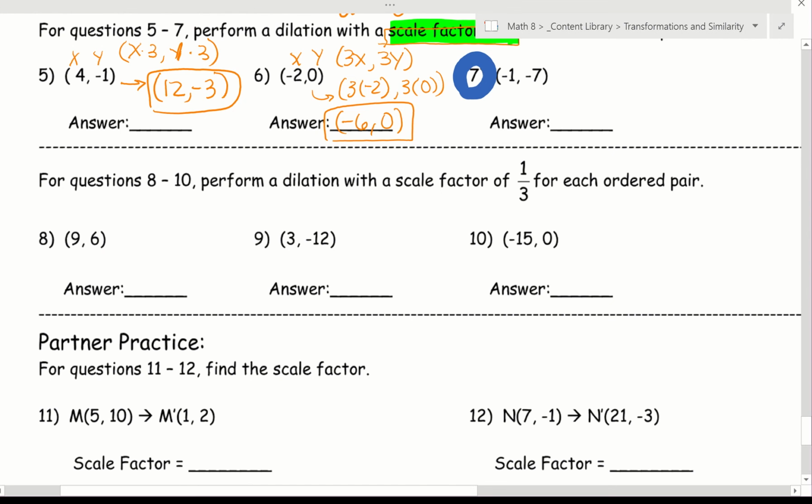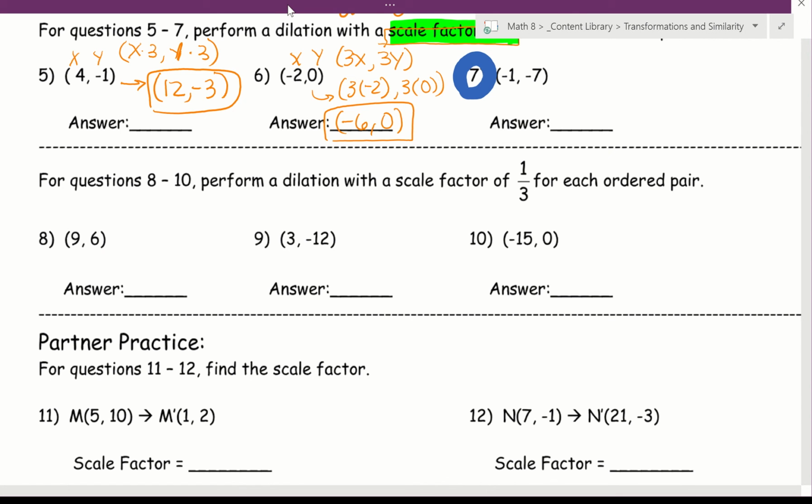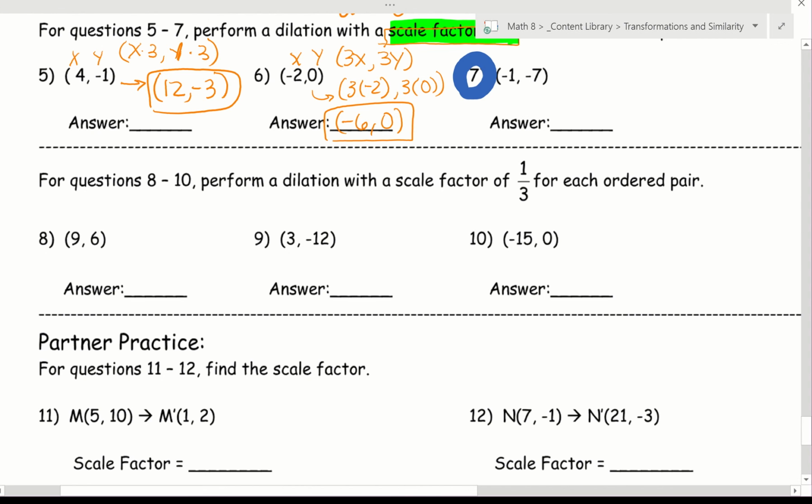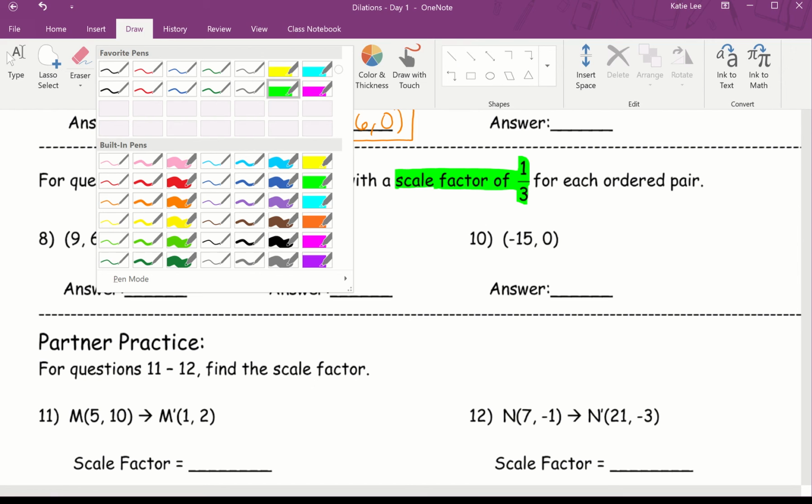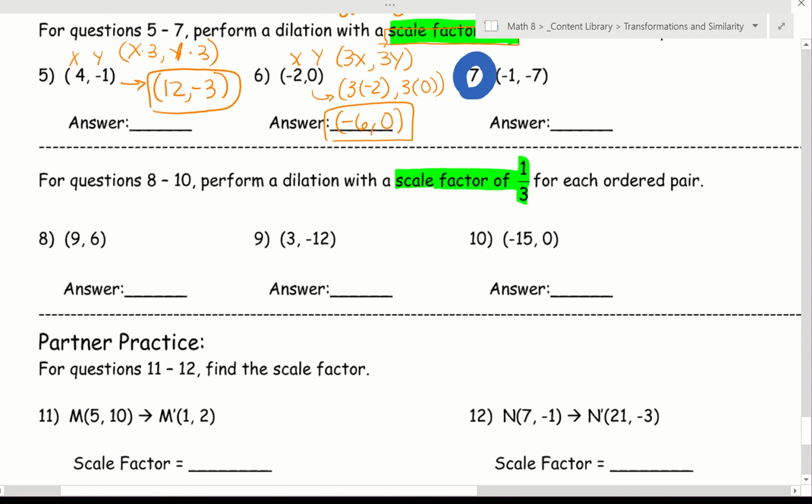For questions 8 through 10, perform a dilation with a scale factor of 1/3. So this one I'm doing a scale factor of 1/3. So that's the same thing as multiplying by 1/3. It's the same thing as dividing by 3.